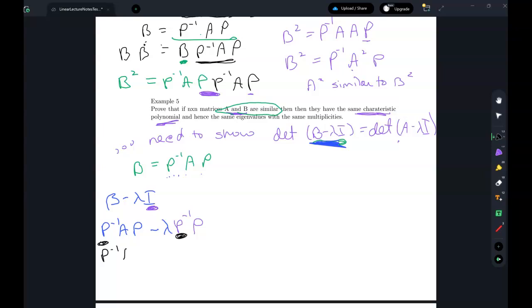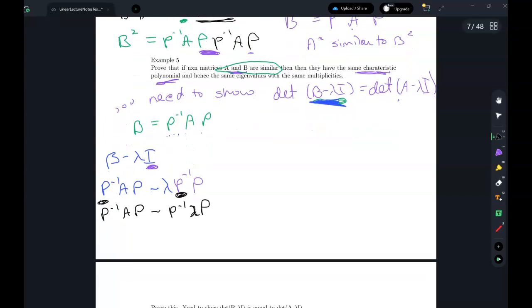I get AP minus lambda, and I could rewrite it this way because lambda is a number. You can't switch the order of matrices, but you can move the number lambda around. If I factor out a P inverse on the left, I get A minus lambda I, and then times a P. So I'm keeping that P there.